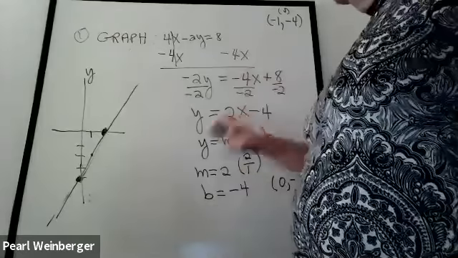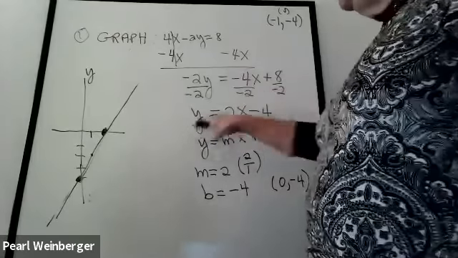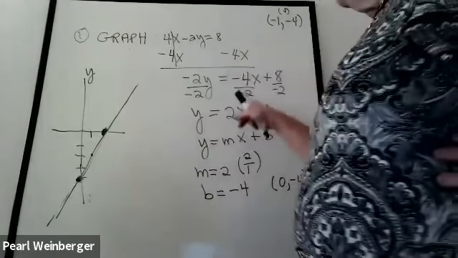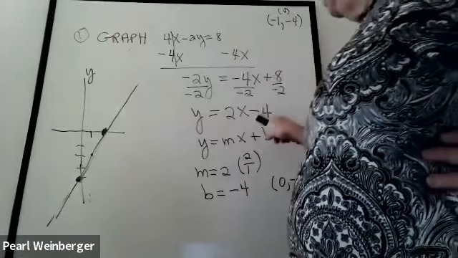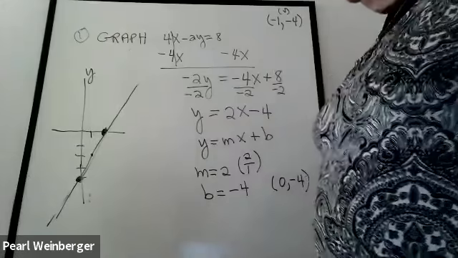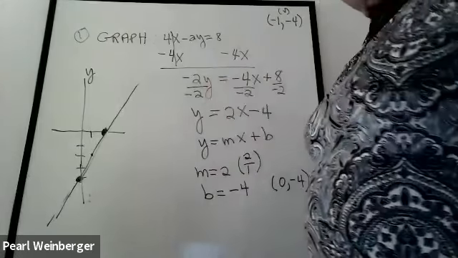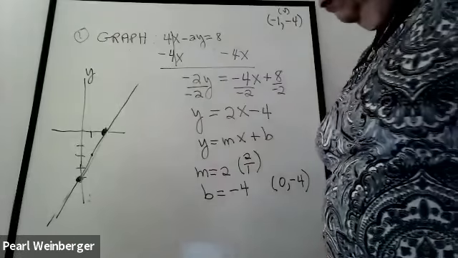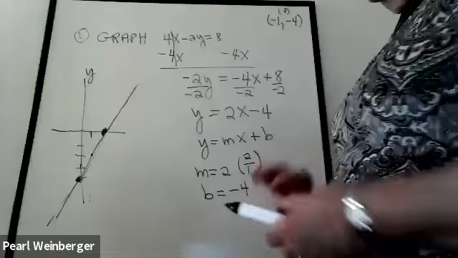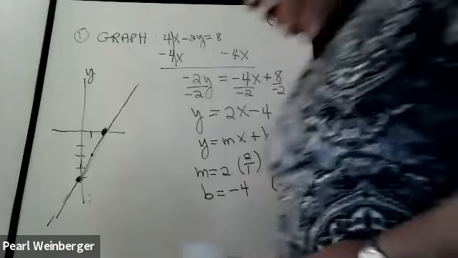In other words, if you have your line in the y equals mx plus b form, you right away can tell what the slope of that line is and what the y-intercept is. So I happen to like this slope-intercept form because it gives me so much information by putting it in that format. Okay, let's do this problem and then we'll talk some more about slope.